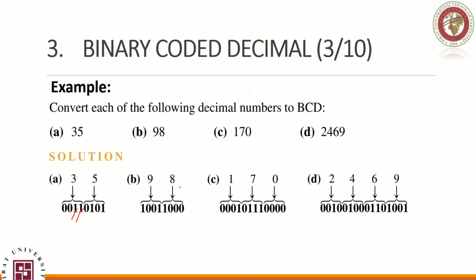Take another example, maybe that will make you understand it in a better way. Now look at this, 9, 8, 9. We have 9 here as a value, composed of what? Composed of 8 plus 1. The positional weight of 8 plus the positional weight of 1. The others here in the middle are zeros. How about 8? The positional weight of 8, you place 1, the rest are zeros.